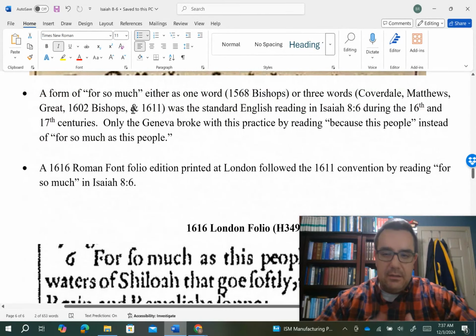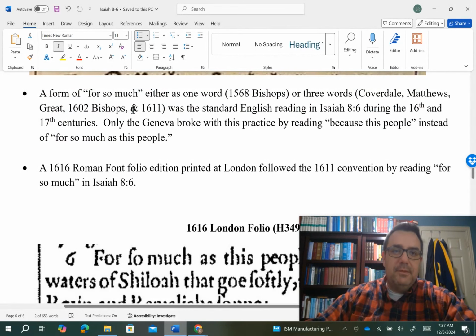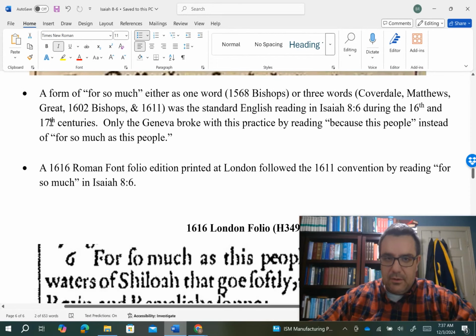Now, let's kind of take stock of where we're at so far in this little investigation. A form of Forsomuch, okay, either as one word as in the 1568 Bishops, or three words, as in Coverdale, Matthews, Great, 1602 Bishops, and 1611, was the standard English reading in Isaiah 8:6 during the 16th and 17th centuries. Okay?